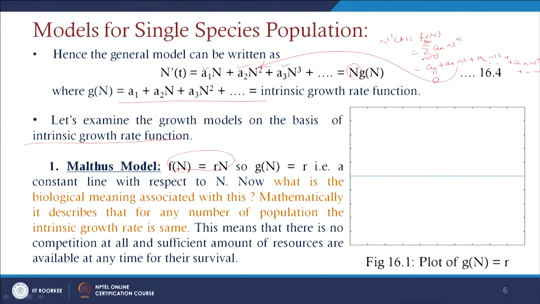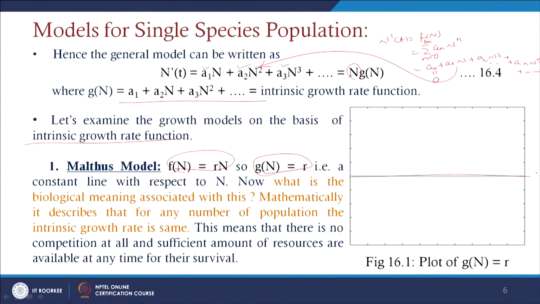In this case we can write g n equals r there, that is a constant line with respect to n. So, in a graphical sense, this is the constant line we are putting, g n equals r. Now, the population level will grow exponentially, but this increment rate is fixed.